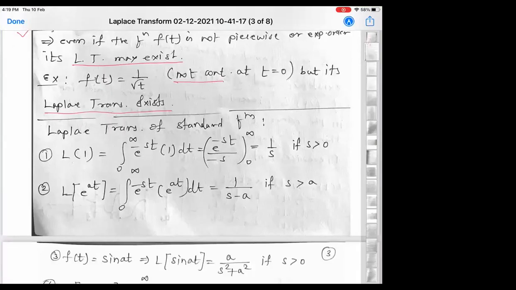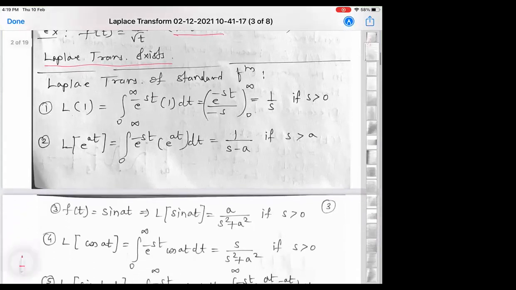Coming to the same form again, the Laplace transform for the standard functions is written here.